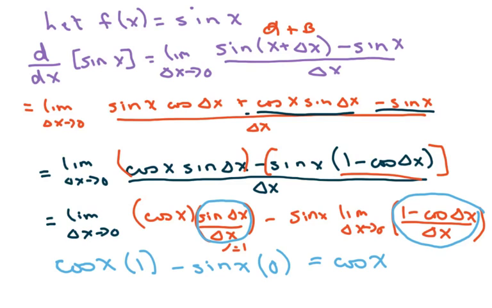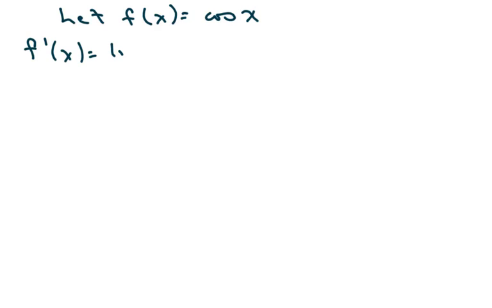Okay? Now we're going to do cosine. We're going to let f of x equal cosine of x, and take the derivative with the limit process. Everywhere there's an x, I'm going to put x plus delta x, and then subtract the whole fraction.